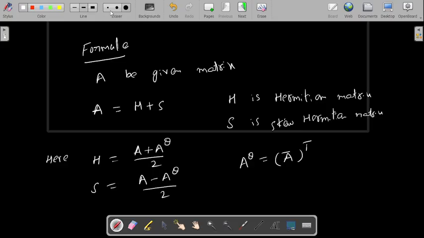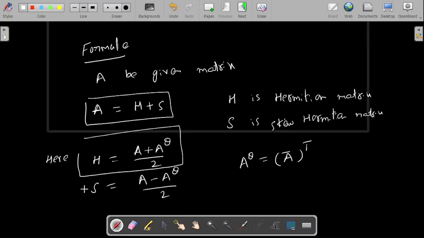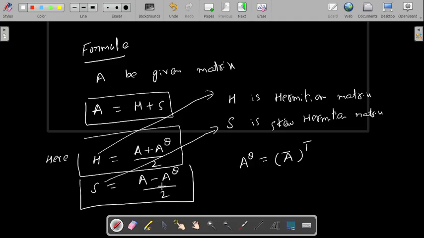So you have to remember this: A equals H plus S, H formula is (A plus A power theta) by 2, and S formula is (A minus A power theta) by 2. This H is automatically Hermitian, no need to check. S is automatically a skew Hermitian matrix, no need to check.